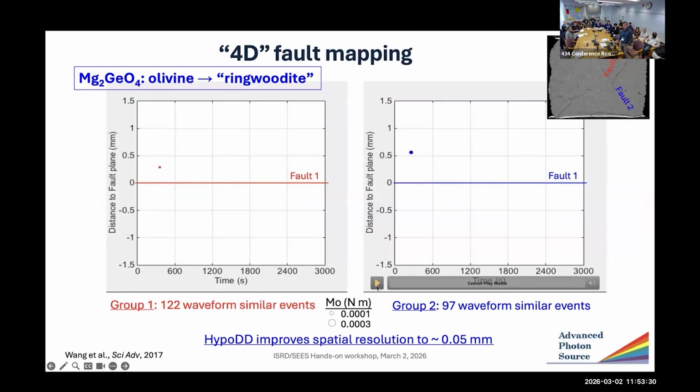Anyway, what I intended to show is you have events that happen during the deformation. They're parallel to these fault traces. For some reason, my movies don't work, but that's okay.